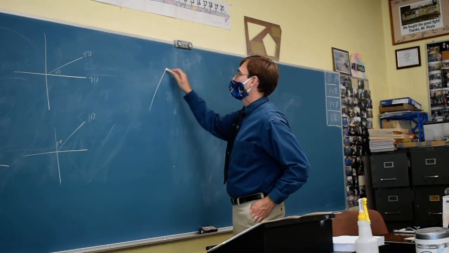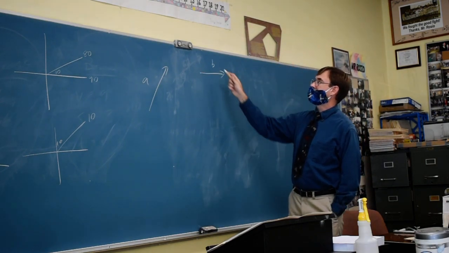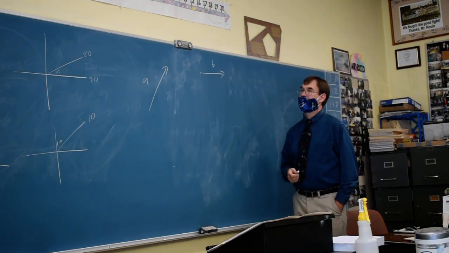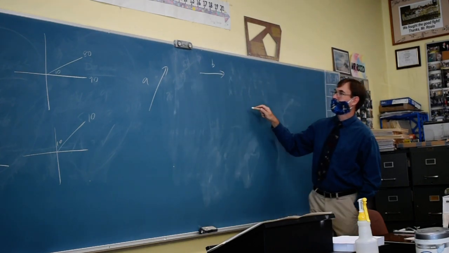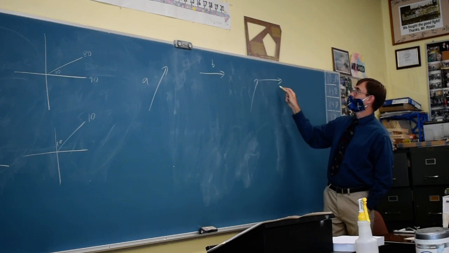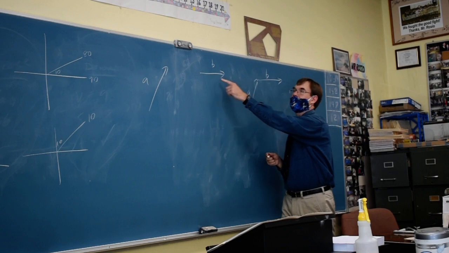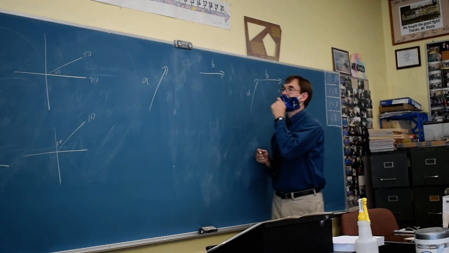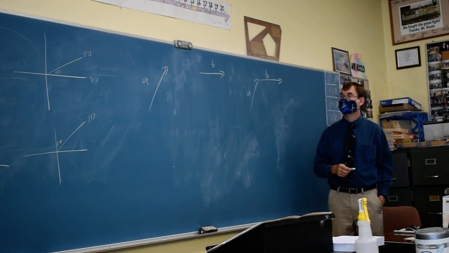So if I say, here's a vector I'm calling A, here's a vector I'm calling B, the way I'm going to have to do that is to jam these together, to have A go here and B go there and have them touching. Just jam it together so they're positioned head to tail.